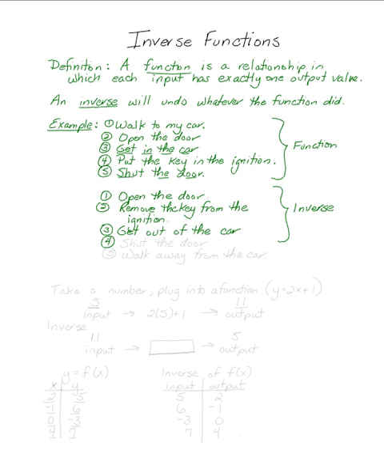Fourth, I'm going to shut the door of the car. And then the fifth thing is I walked to my car, so I am going to actually walk away from the car. Now, when I am done, it should look like I haven't moved. So I actually did all of the steps to the function, then all of the steps to the inverse function, and ended up back where I started.